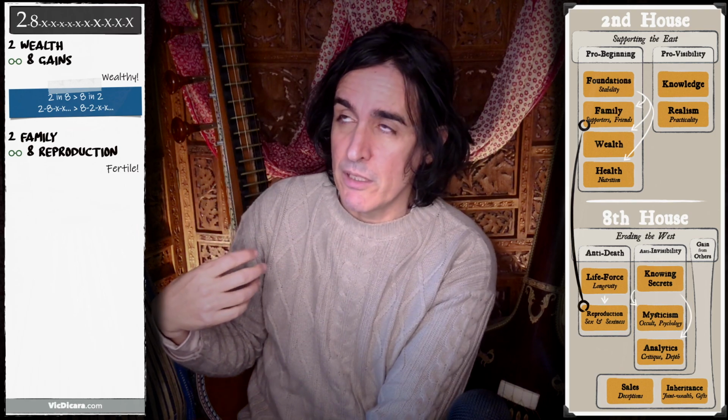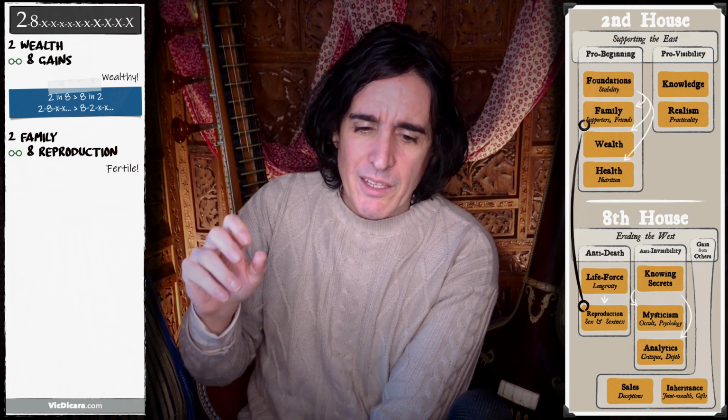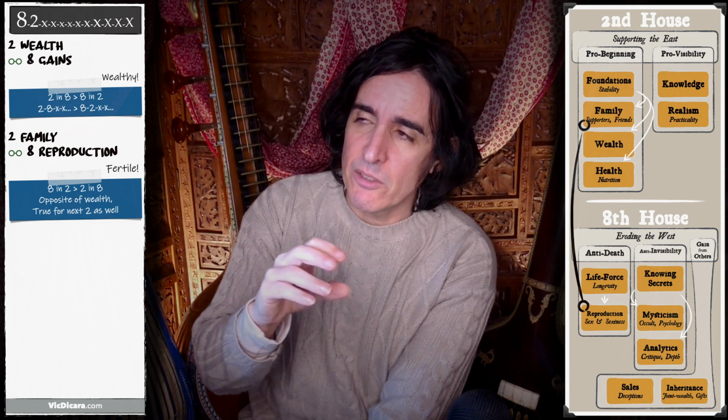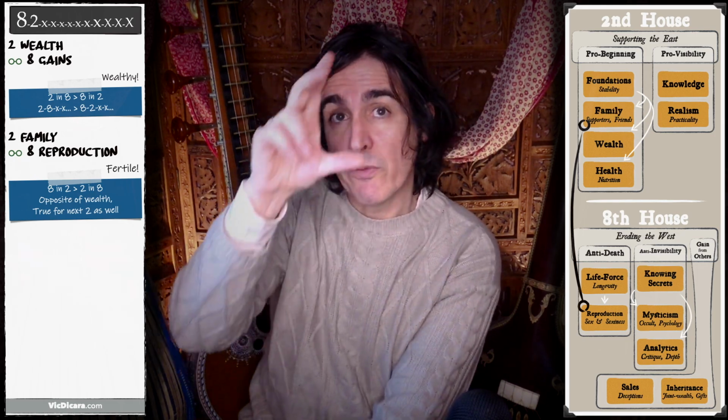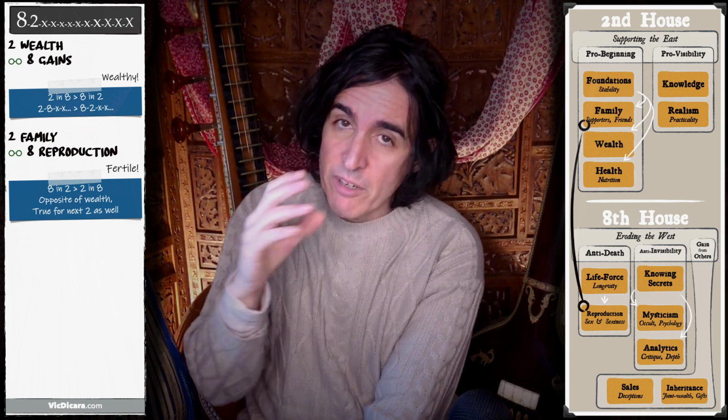And it's going to be this way now for the remaining things that we evaluate about the 8th and the 2nd. For everything else besides wealth, we want to see the 8th lord go to the 2nd house rather than the 2nd lord go to the 8th house. We prefer it. So in terms of the house order, we prefer to see an 8 followed by a 2 rather than a 2 followed by an 8 for everything except wealth.